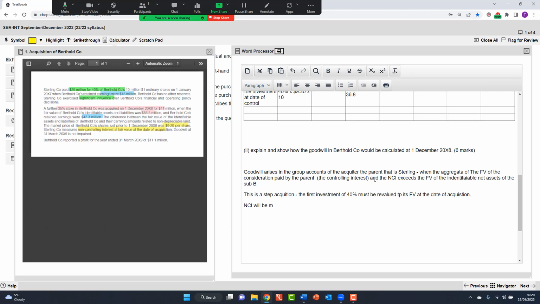NCI will be measured at fair value, so it will be based on the share price. And of course, that means that goodwill will be in full. And there isn't an impairment loss, but any impairment loss is then split with the NCI.